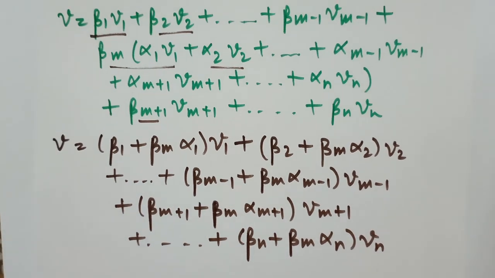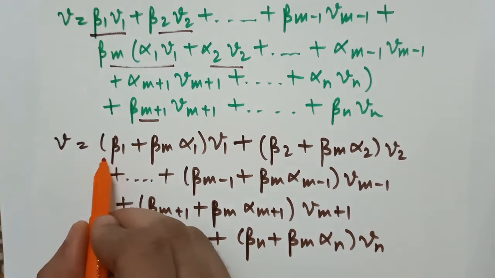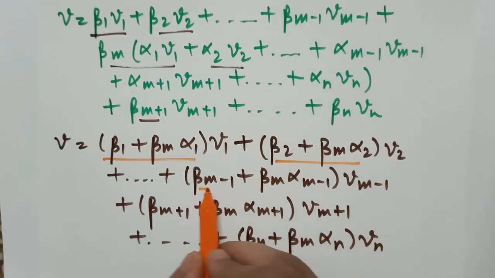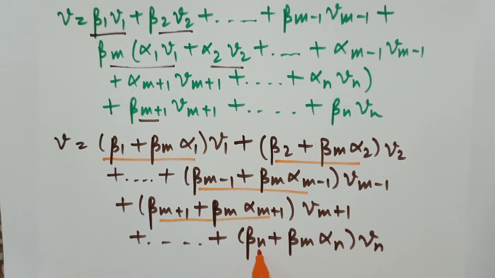Now since all the alphas and betas are scalars, all these coefficients are also scalars.